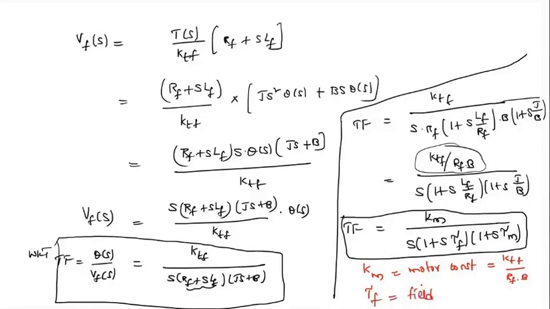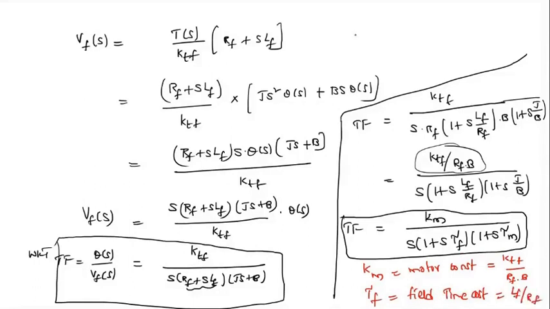Previously, in the armature controlled DC servo motor, we considered tau A, the armature time constant. Now tau F is the field time constant. What is the field time constant? Tau F is nothing but LF by RF.